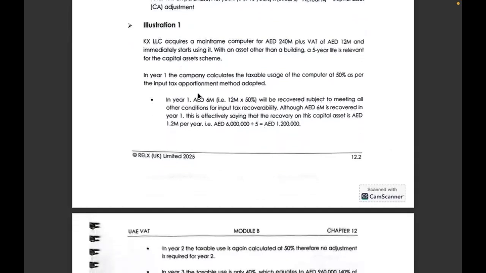As per the input tax apportionment method adopted. Because this capital asset is such a huge one that it affects both taxable and exempt supplies, apportionment happened, and we got to know that 50% of the usage is related to taxable supplies. So, as per the input tax apportionment method, in year one, AED 6 million, which is 12 million into 50%.